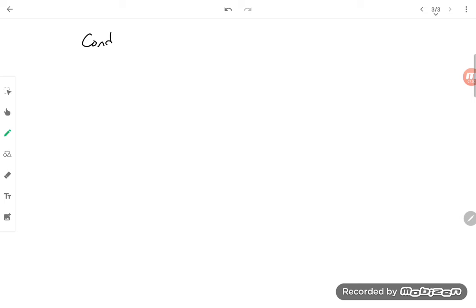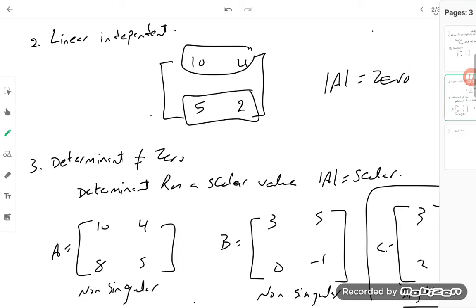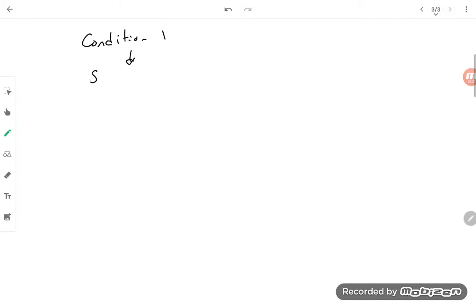Condition number 1, which is squareness, is a necessary condition, while conditions number 2 and 3 are sufficient conditions.